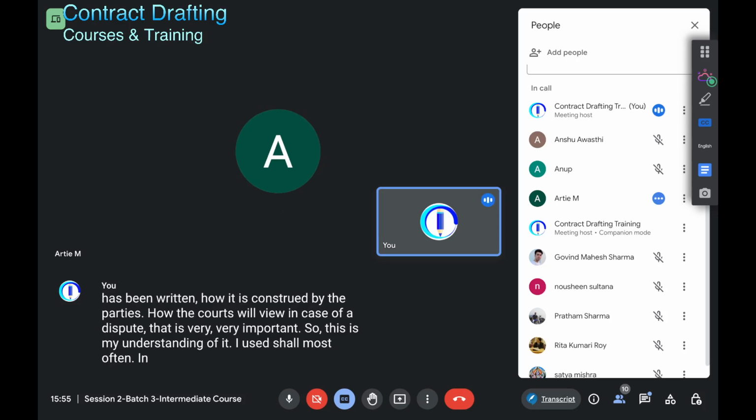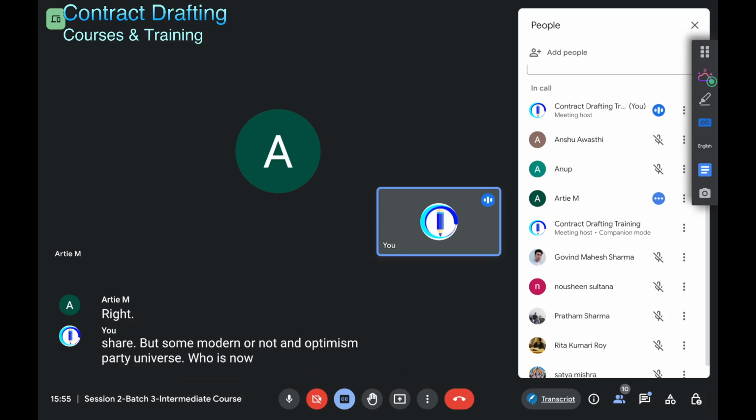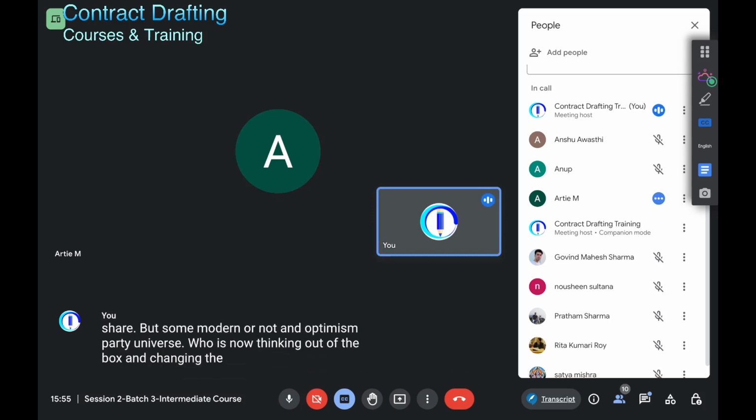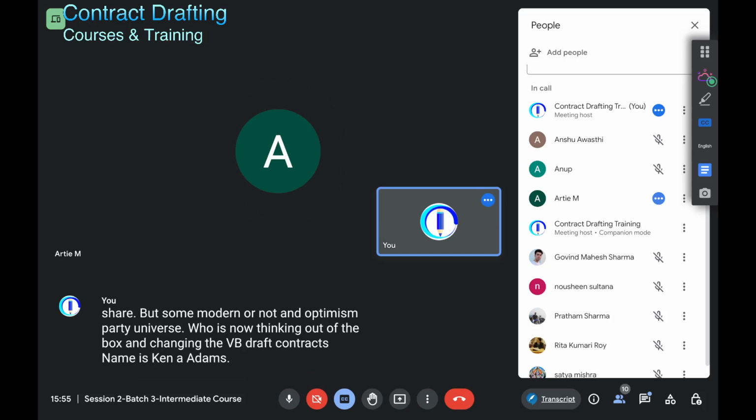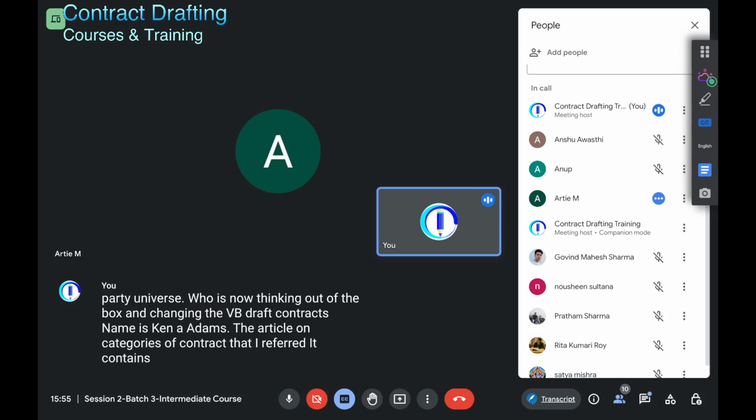So you can safely use shall, but some modern authors, and one of them is an authority in the US who is now thinking out of the box and changing the way we draft contracts, his name is Ken Adams. The article on categories of contract that I referred to contains some additional sub-parts.